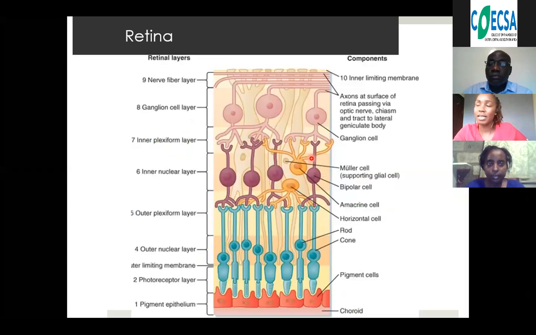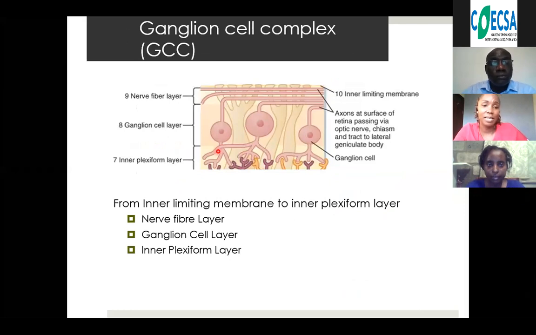When you look at the layers of the retina, as we know from anatomy, there are about 10 layers. For the ganglion cell complex, what we're mainly interested in is from the 7th layer going inwards, that's the inner plexiform layer, the ganglion cell layer, and the nerve fiber layer. That is our area of interest, and all these layers form what is called the ganglion cell complex.